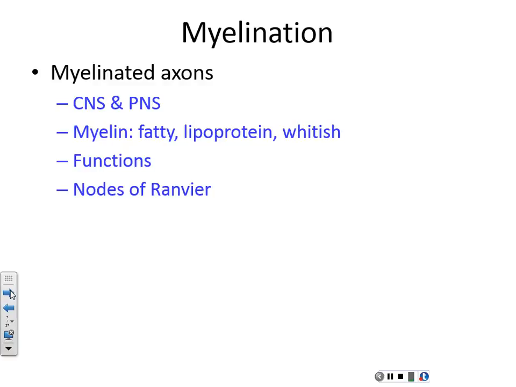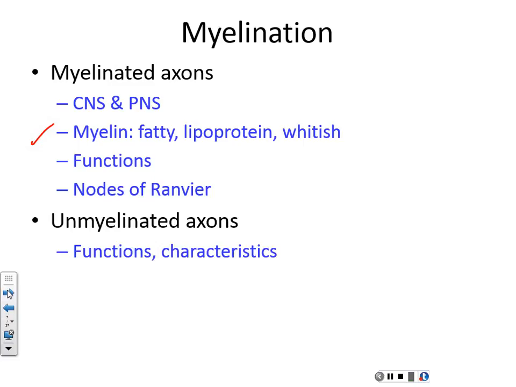So we talk about myelination, which is Schwann cells in the periphery and oligodendrocytes in the central nervous system, right? So this is like a fatty, whitish substance that gives rise to white matter and gray matter, right? And it insulates that part of the axon on which it is. So that's one of the functions.